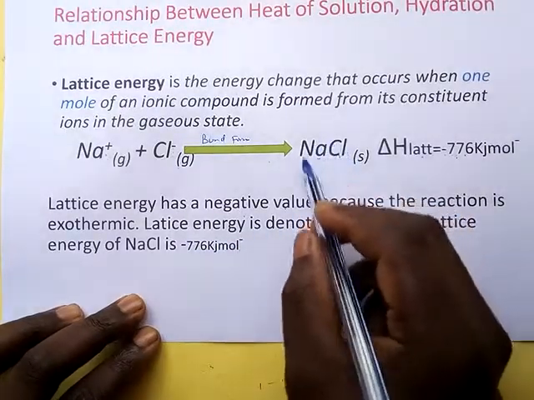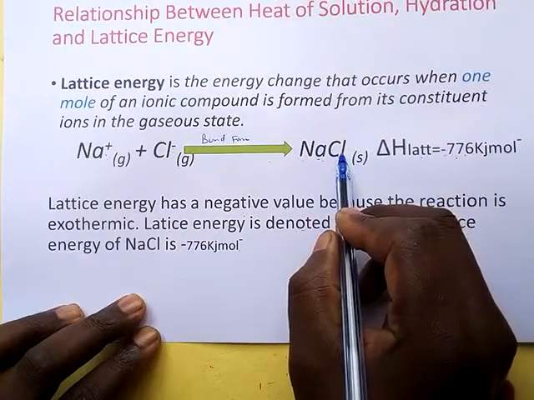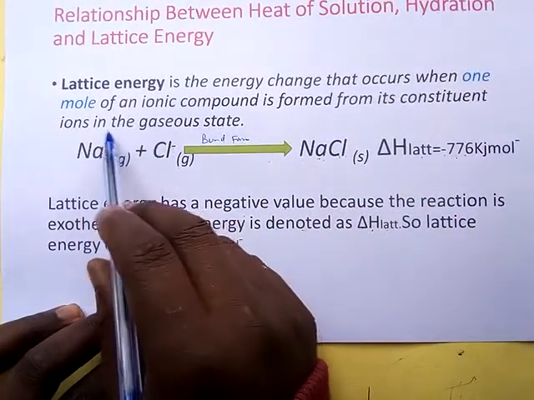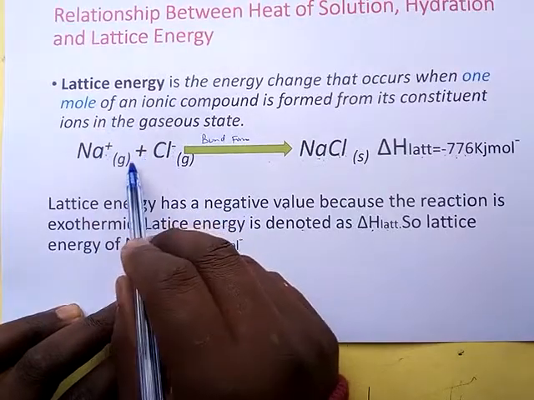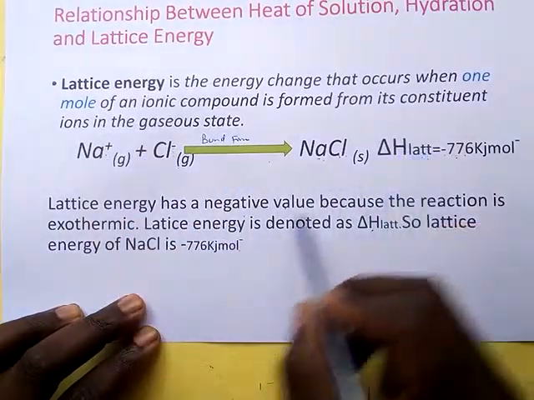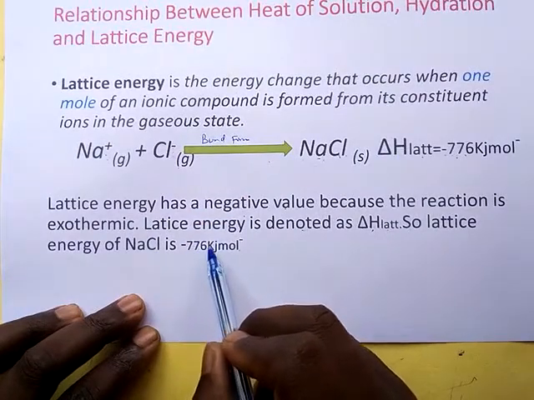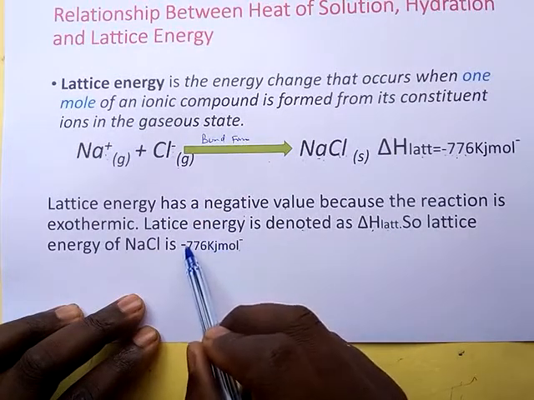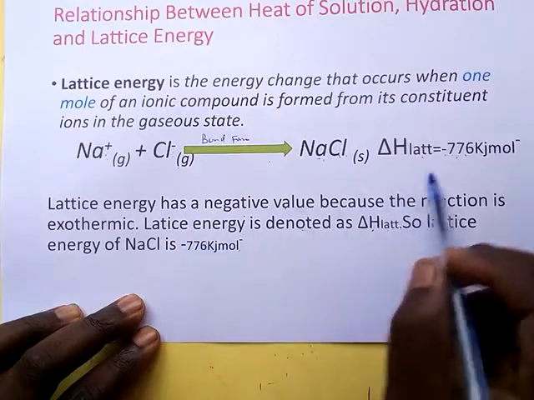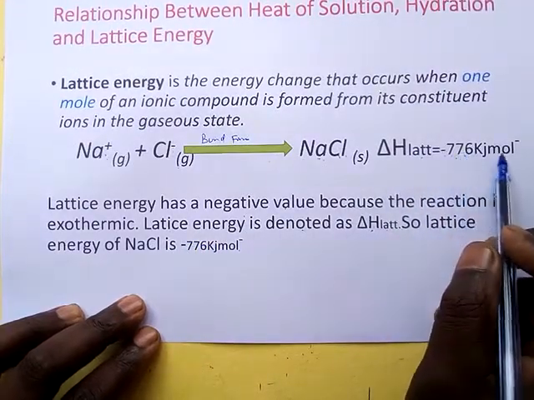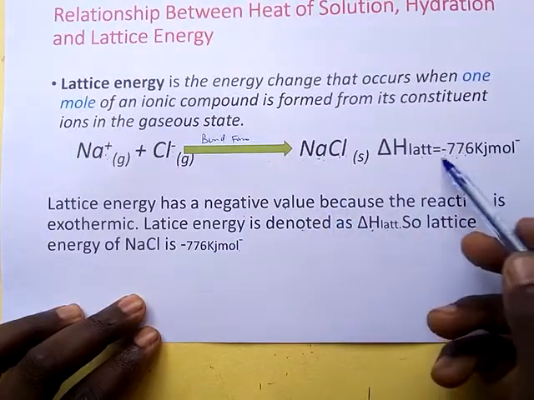When sodium chloride is formed from its constituent ions in gaseous state, 776 kilojoules of heat is released. To release heat, it is exothermic.